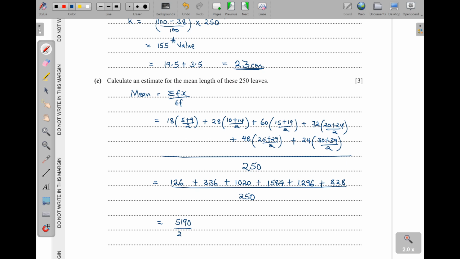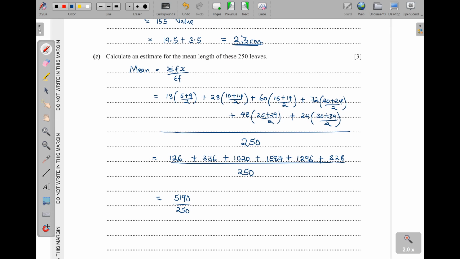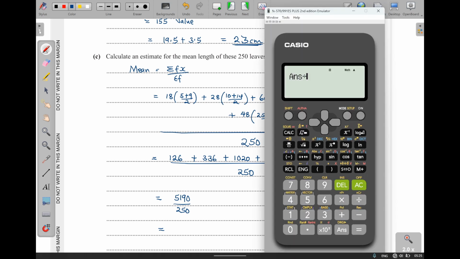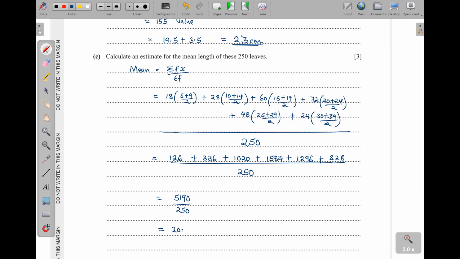Then we divide it by 250, and the final answer is 20.76. This is a terminating decimal. I don't need to round it off to 3 significant figures and then write 20.8. It's a terminating decimal and it is a small number, so just leave it like that.